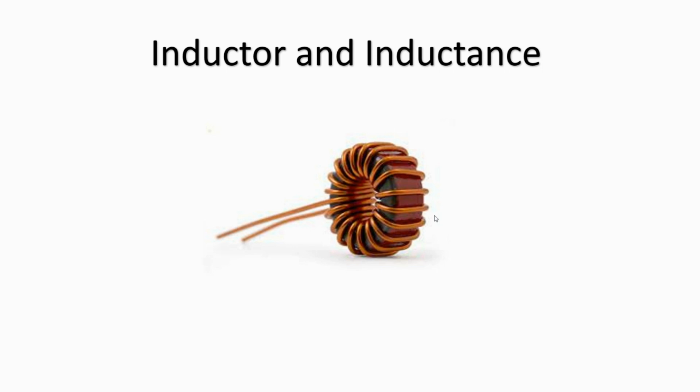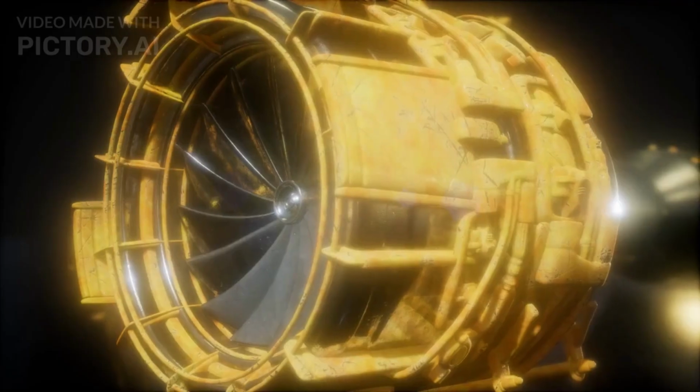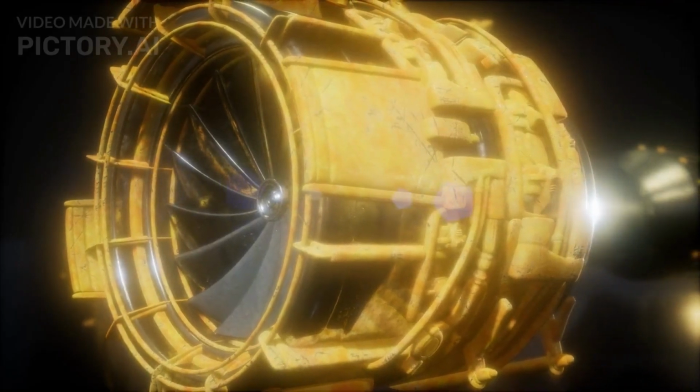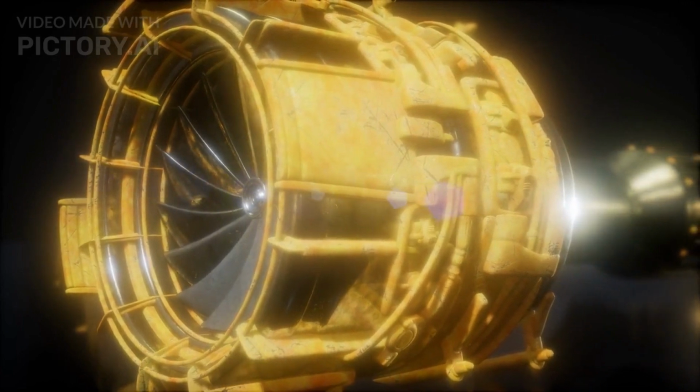Today, we're going to look at a very interesting concept about inductors and inductance. I'm going to explain this concept of inductance with the help of an analogy where I'll draw similarities between a turbine and an inductor. A turbine is a mechanical component that stores energy in a rotating mass.